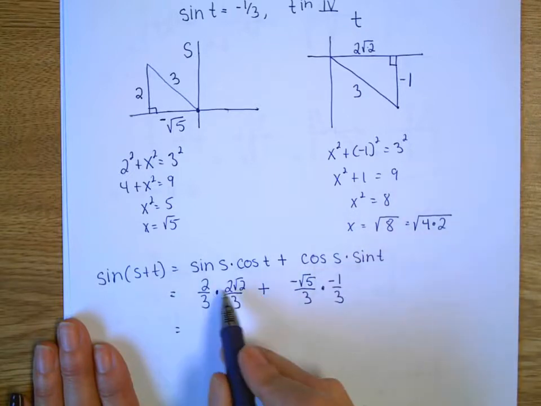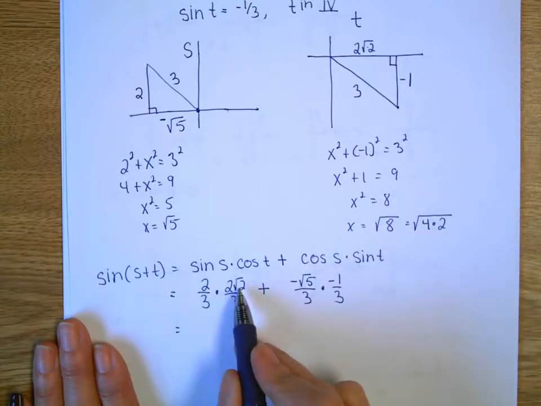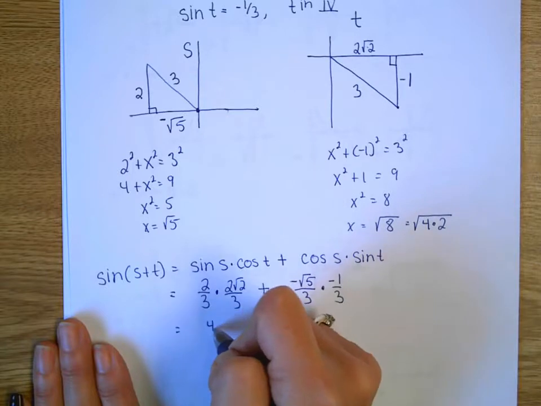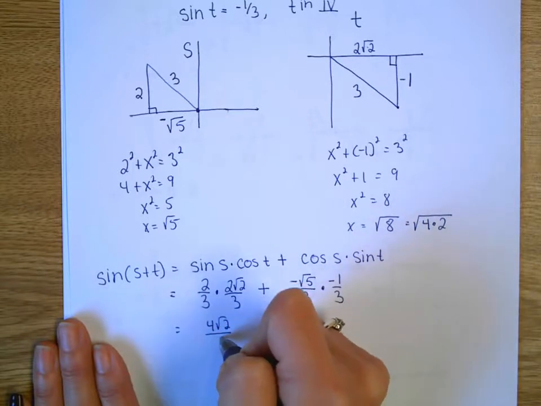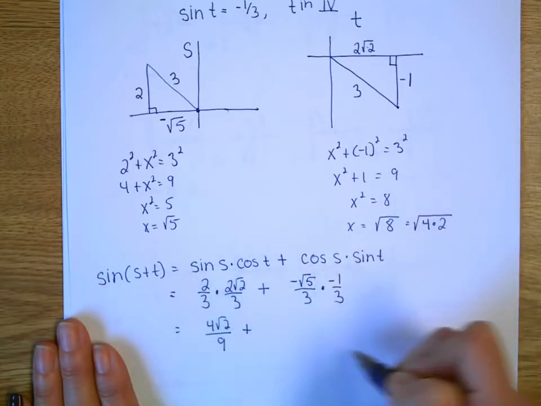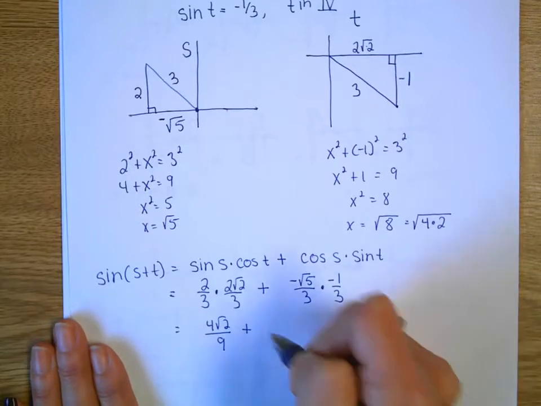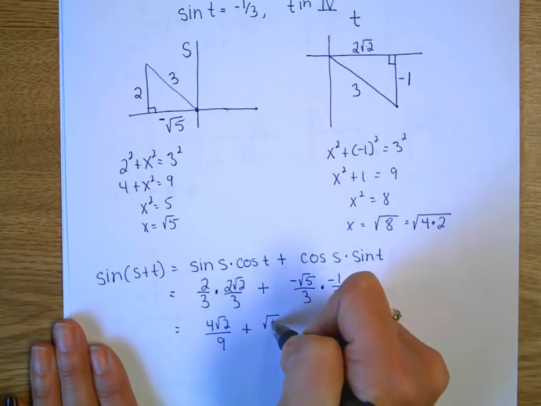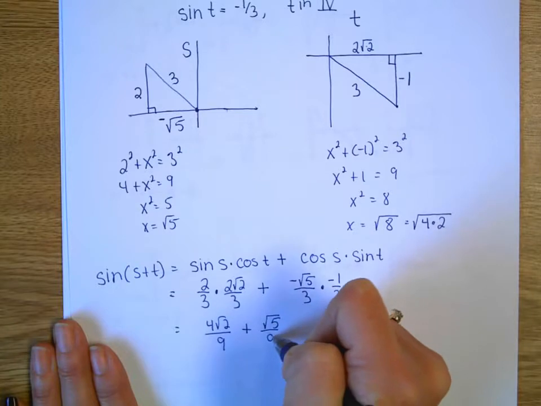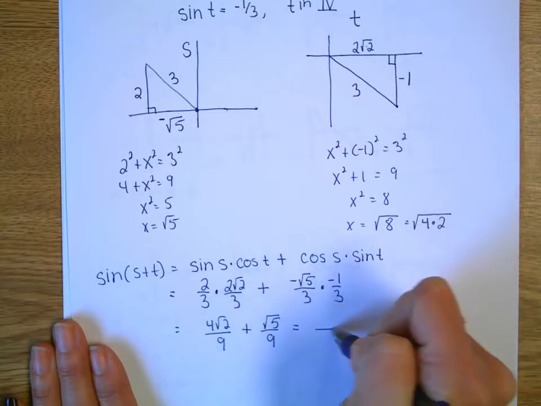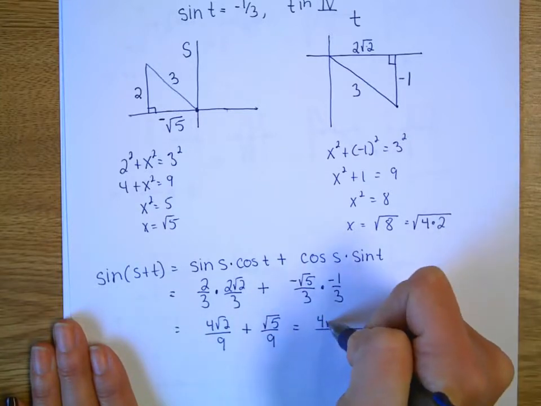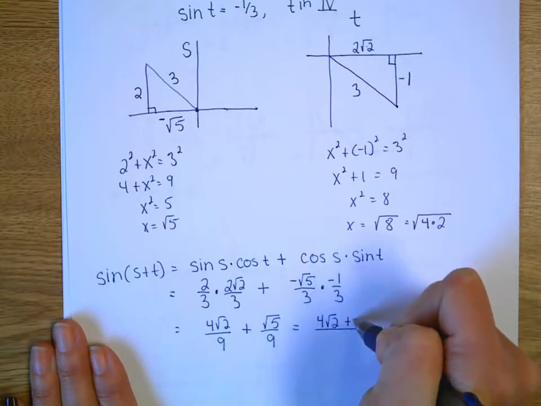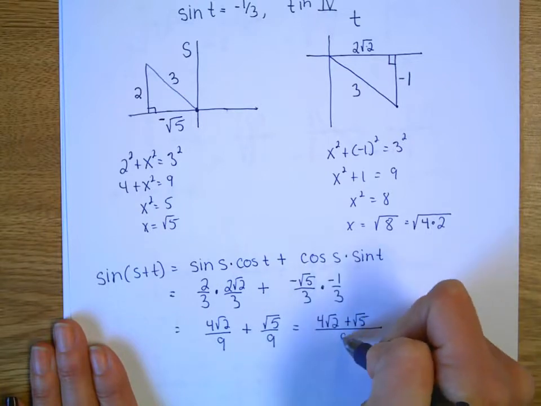So multiplying, what's this first numerator going to be? 4 square root of 2 over 9 plus positive square root of 5 over 9, which turns into 4 square root of 2 plus square root of 5 all over 9.